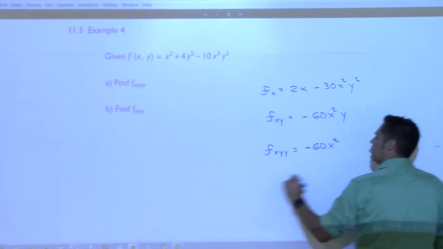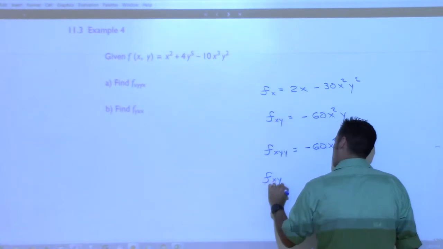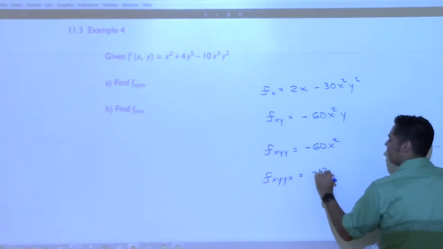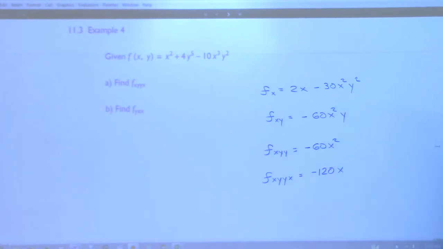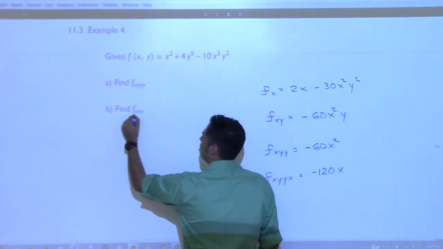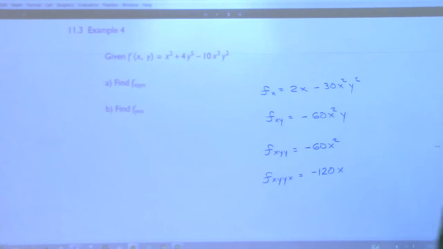And then finally, the partial with respect to x, then y, then x would be negative 120x. This is just an exercise to make sure you understand the order and the notation, all right? I think you could do that one. I'll let you do part B.